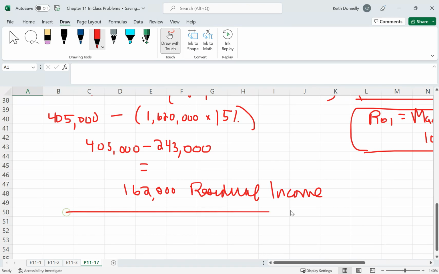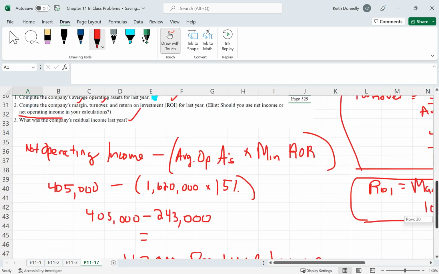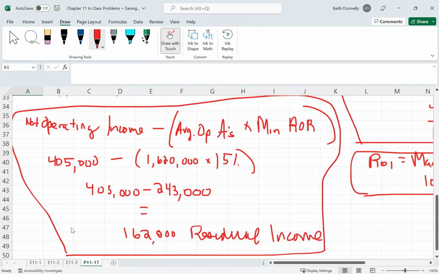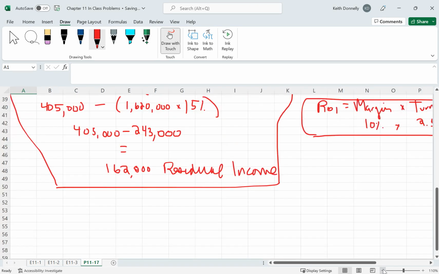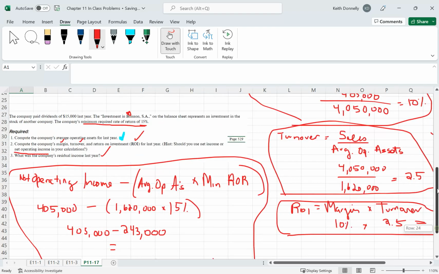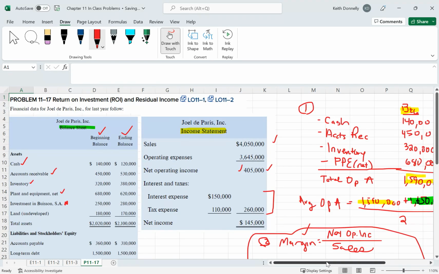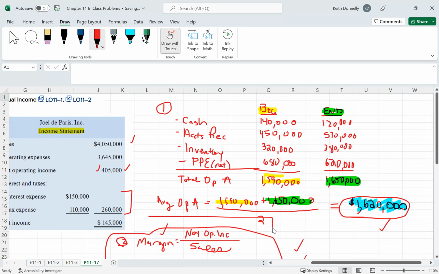Let me bracket this off here so you can look at it again to see how we did that. So just to run through this problem again, we did average operating assets up here first.